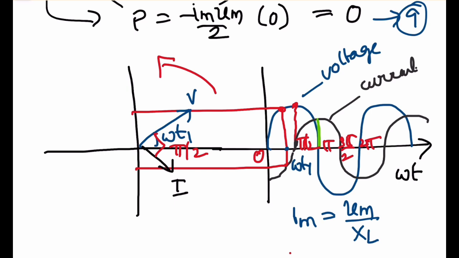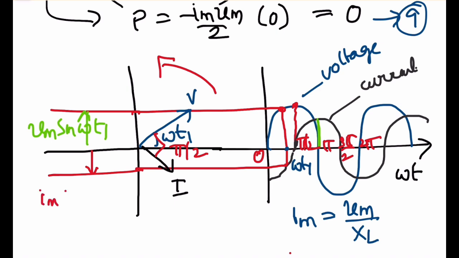This is the magnitude of the voltage, Vm sin omega t1, and at the bottom, this is Im sin(omega t1 minus pi by 2). With this we have completed the phasor diagram.